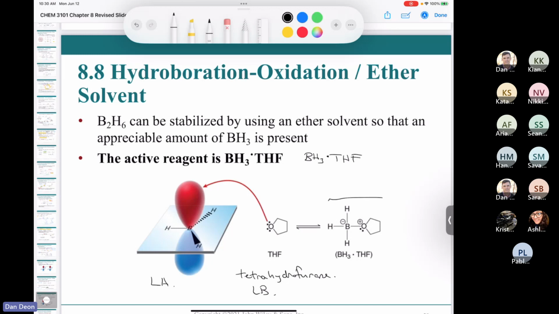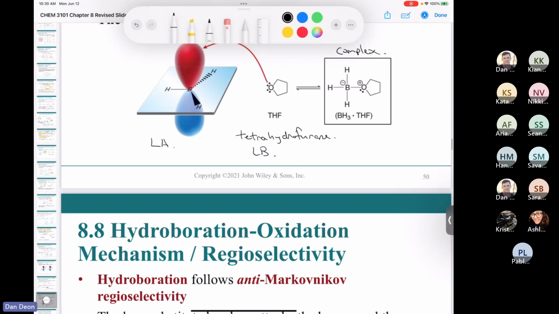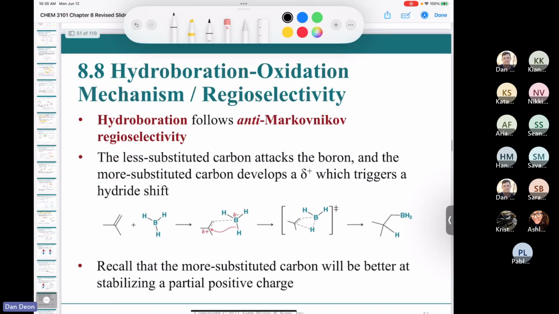This is what we call a complex, and you would have studied these a little bit in general chemistry too. So this is the borane THF complex. I'm not going to go into a whole ton of detail about the borane THF complex right now. But the idea is that we get anti-Markovnikov addition.